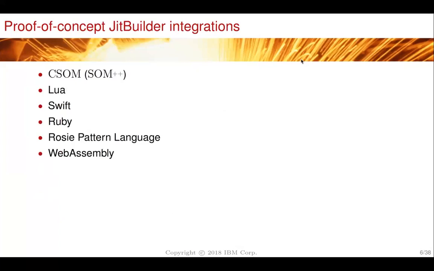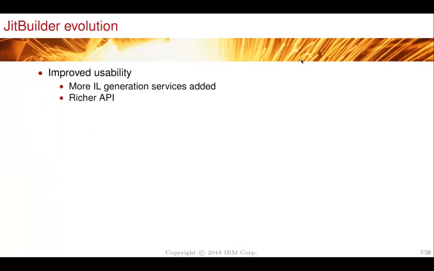We've created prototypes for Swift, Ruby, the Rosie pattern language, and WebAssembly, which again we heard about this morning. Through these projects, we've learned a lot of lessons about what works in JitBuilder and what hasn't worked so well, which has led, naturally, to JitBuilder evolving and continuously improving.